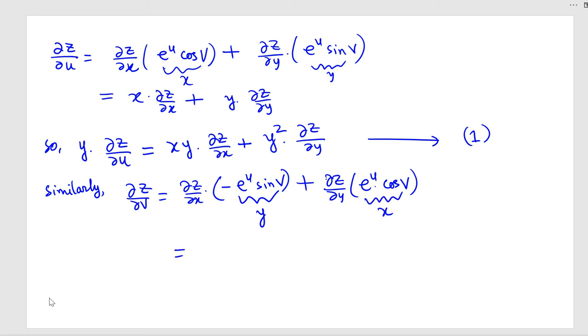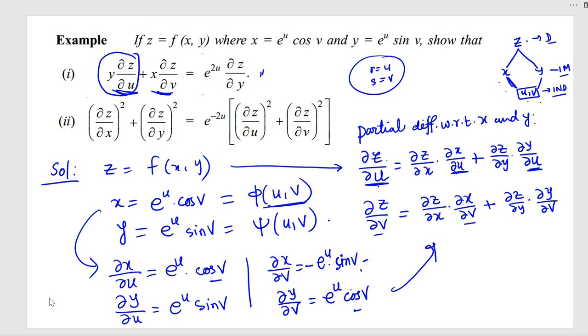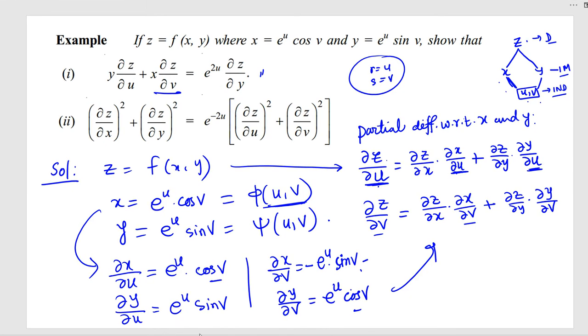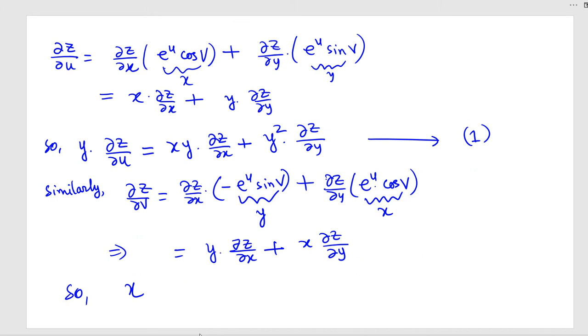So for this we have minus y times del z del x plus x times del z del y. And if you multiply again with x, because we have to subtract, yes, minus y will be there.